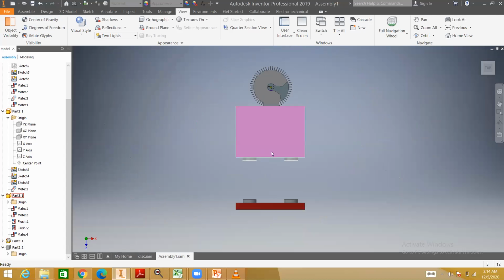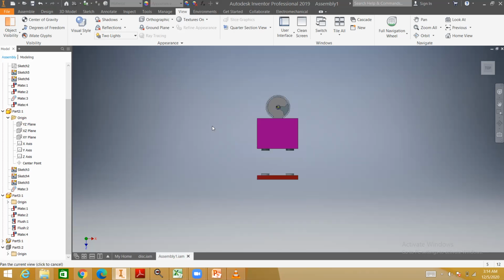Now for this setup, I have connected two springs. Each spring has a stiffness of 70 Newton per meter. So overall the value is 140 Newton per meter because they are connected in parallel. We just have to add the spring stiffnesses to find the equivalent value. And we have taken the value of zeta as 0.